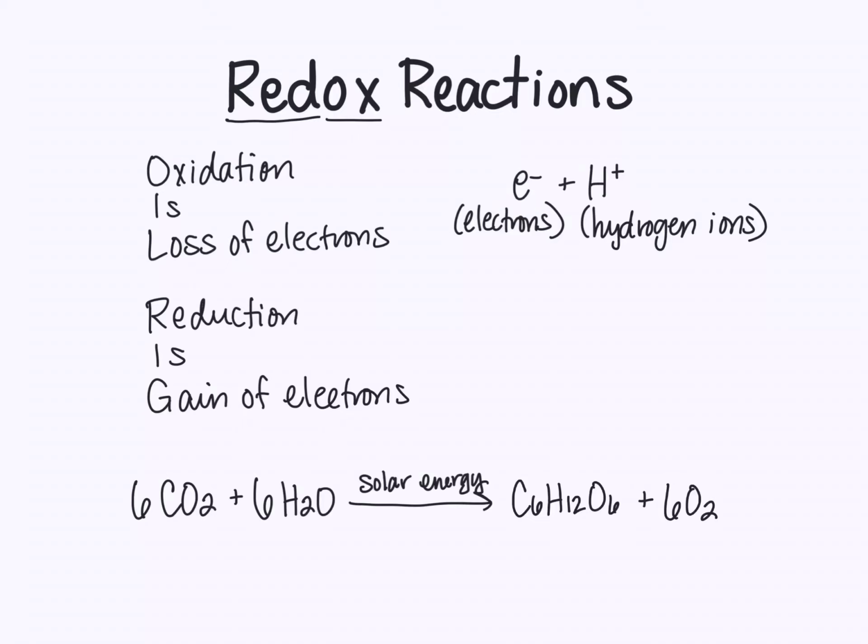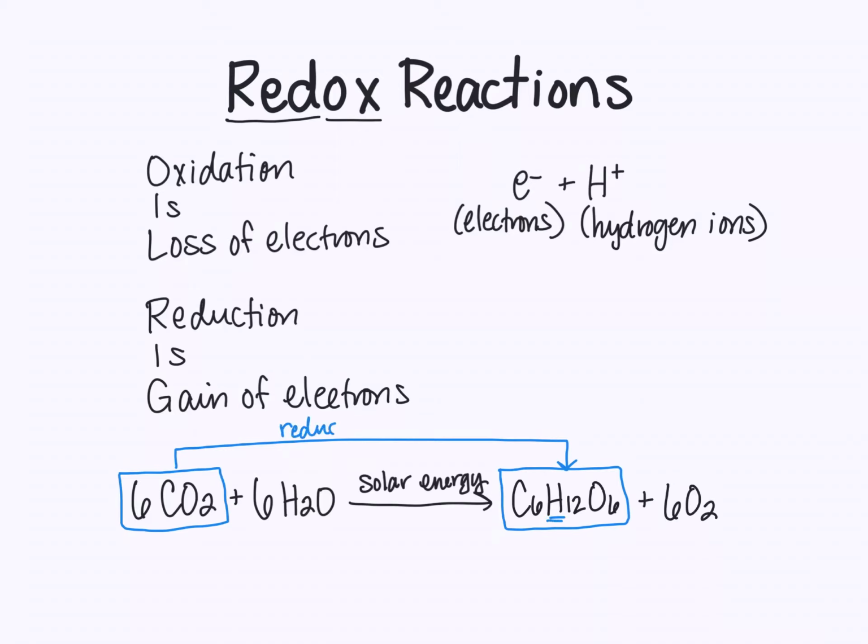So in doing so, the carbon dioxide gets reduced to form the glucose. And you can actually see that with the addition of this hydrogen here. So this is a reduction reaction, whereas the water gets oxidized in order to form the oxygen.